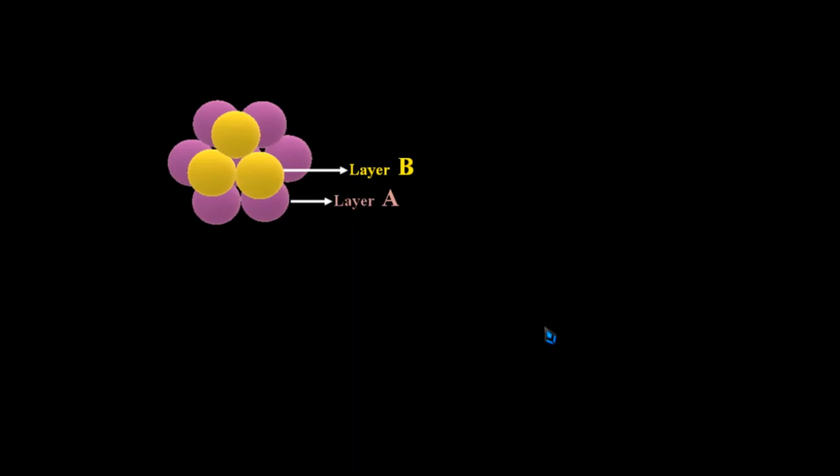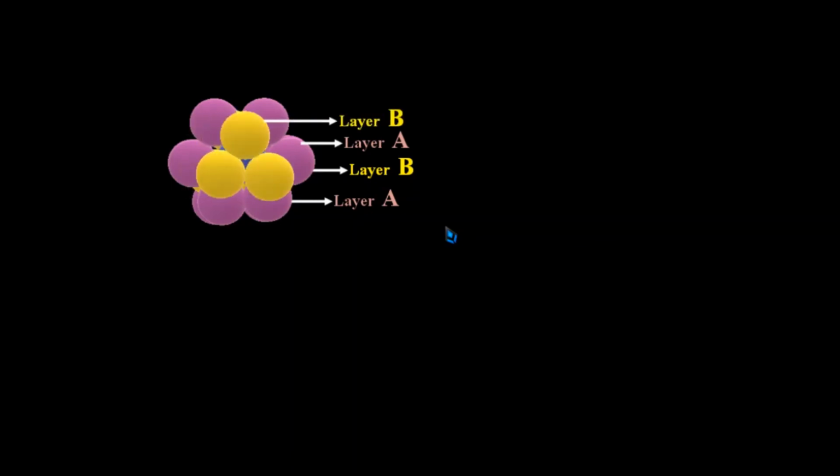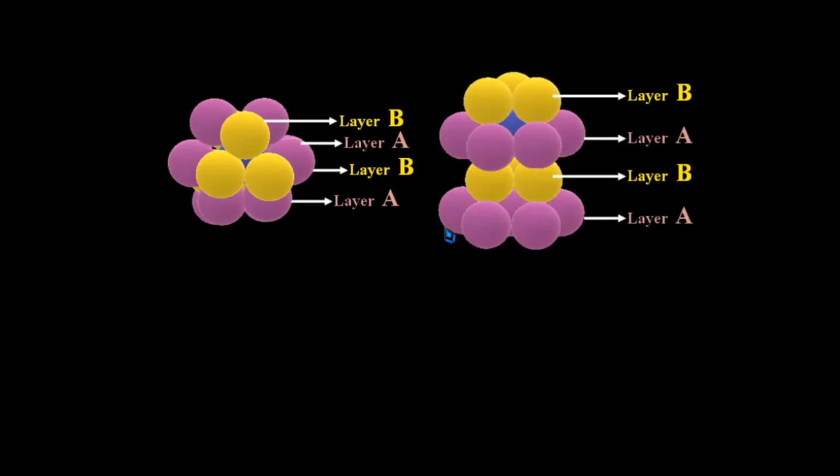The third layer is formed again by spheres which are aligned with the base layer or layer A above the yellow spheres. This blue color sphere represents a particular atom, and above which again we placed 3 yellow spheres which are identical to the second layer. This structure is seen like this, ABAB.